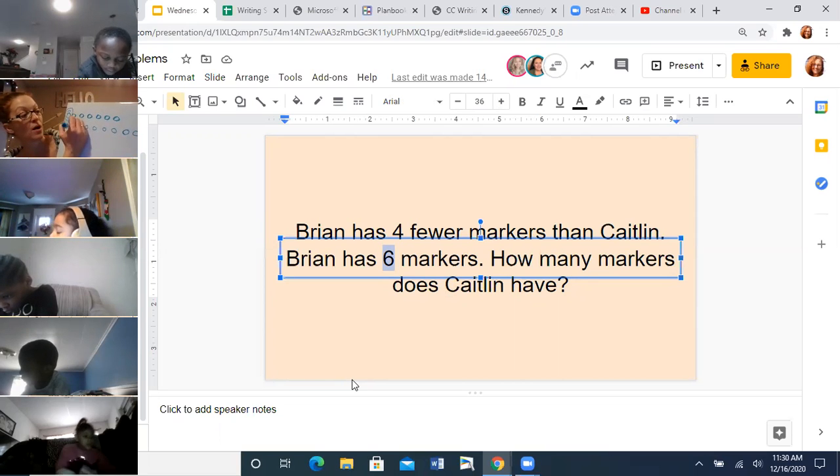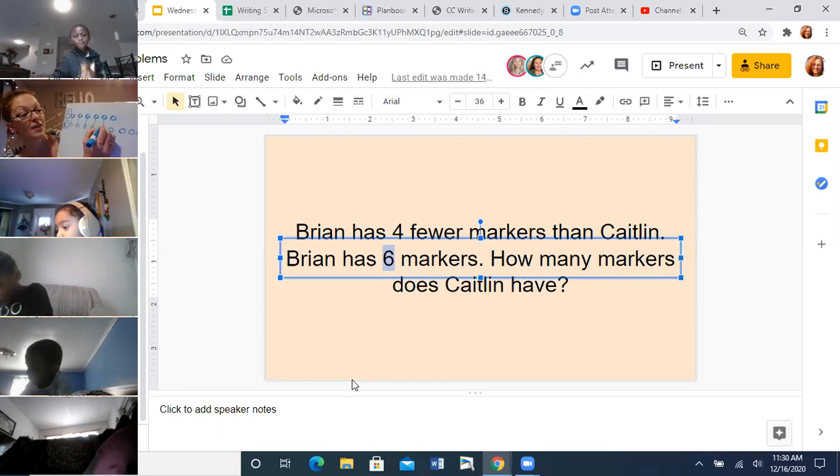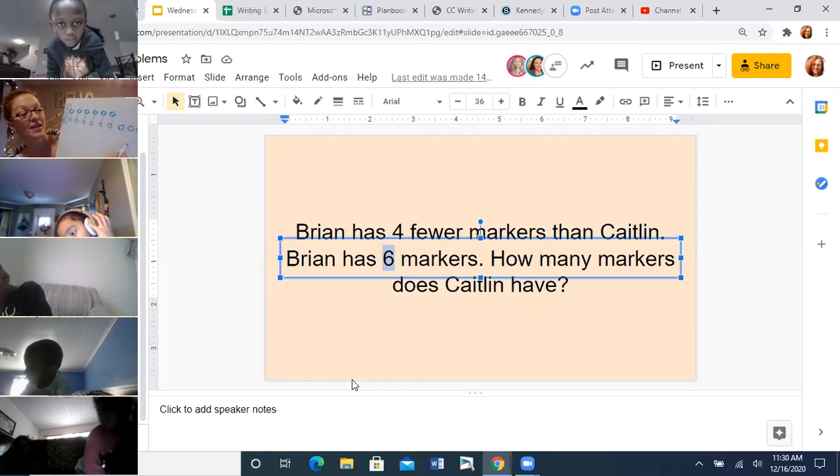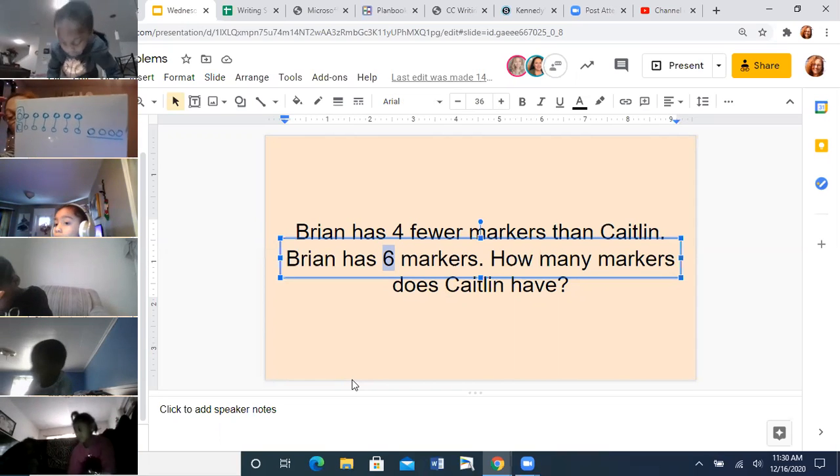All right, because they both have 1, they both have 2, they both have 3, they both have 4, they both have 5, they both have 6, but Caitlin has 4 more.